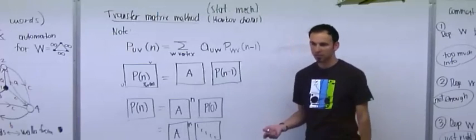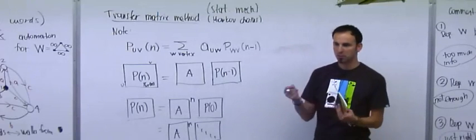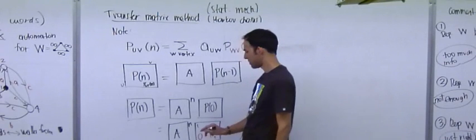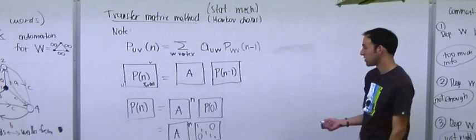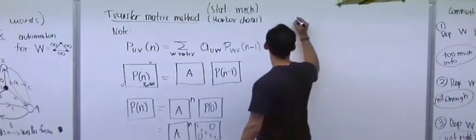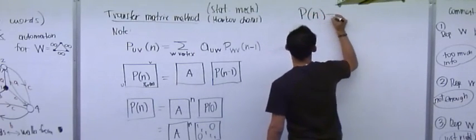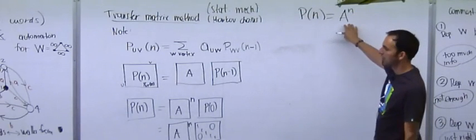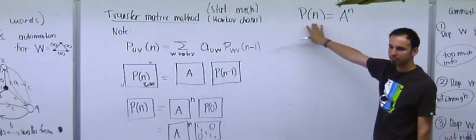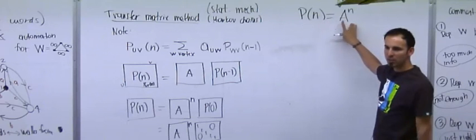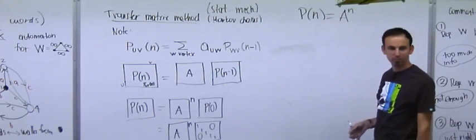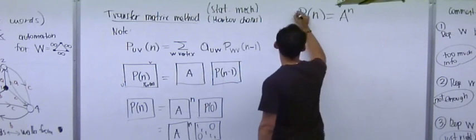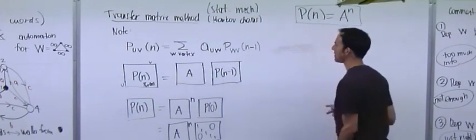But if U is not V, then you cannot get from U to V in 0 steps. And so what I just proved is that P of n is simply A to the n, which is a remarkable result. It says that if I want to count paths, all I have to do is know how to raise my adjacency matrix to the nth power. So this is the transfer matrix method.